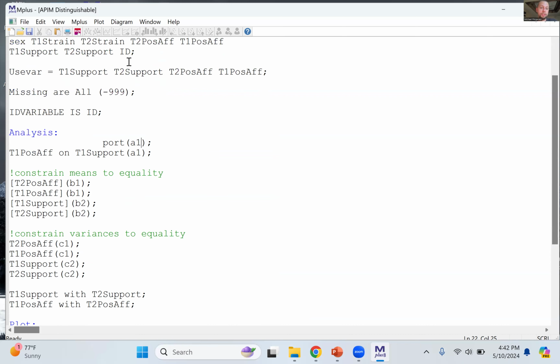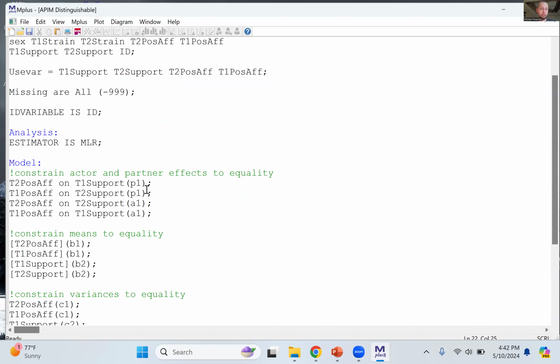And so in Mplus, if you're using just a regular model, this differs a little bit from multi-group models, but for just using a single group model, if you add these constraints, these parentheses, these labels at the end of a line of code, that tells Mplus that this pathway right here is called P1, all right?